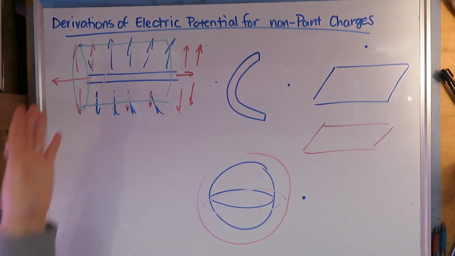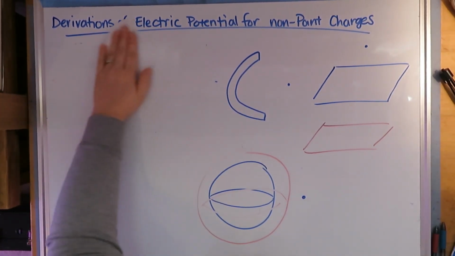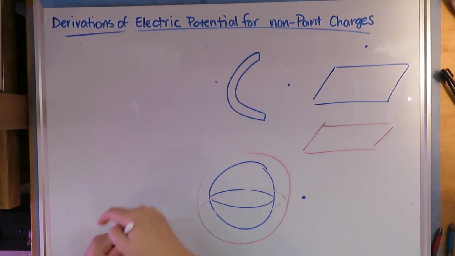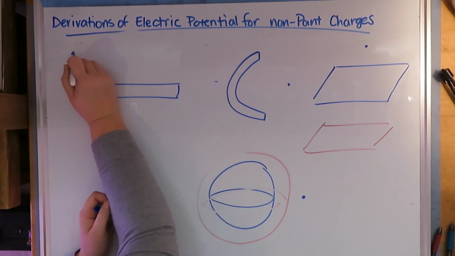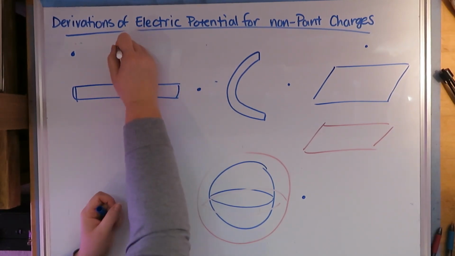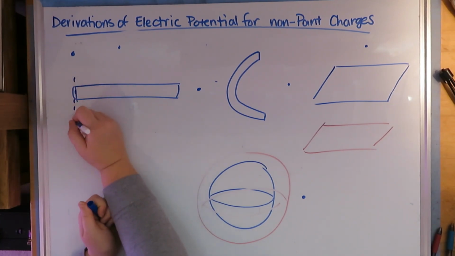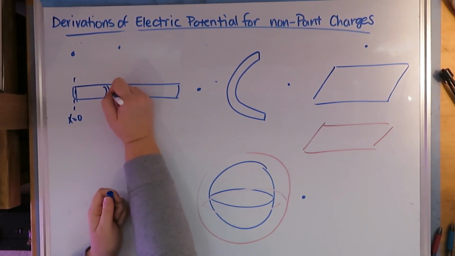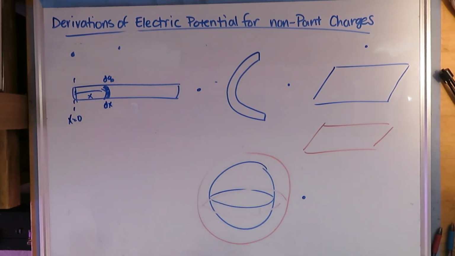In the cases where you can't use Gauss's law, and it is a nice common shape, then if I wanted to find my electric field at some point, whether it's here or off on the side or dead in the middle, I can always assume some coordinate system and say maybe x equals 0. I can take an infinitesimally small slice here, dq, give it a distance dx that's at a position x, and then if I was looking for the electric field, it's a vector.